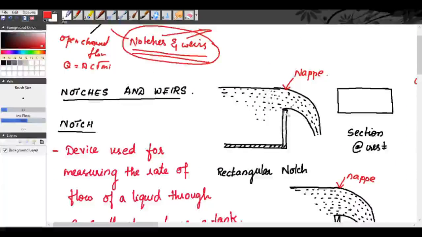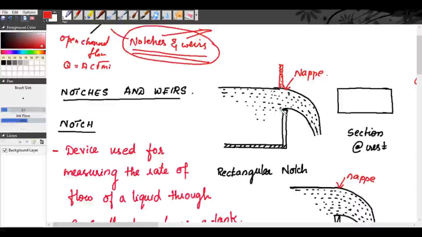Okay, so this is a tank. You will have an opening in the tank. Now, see this bottom part of the notch.